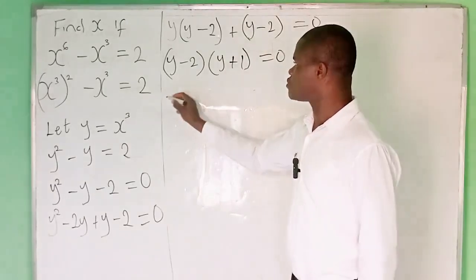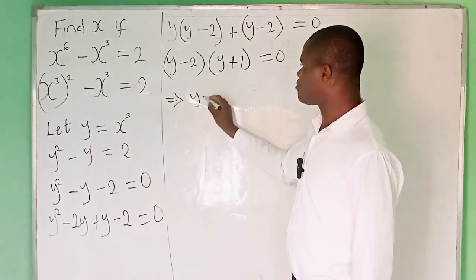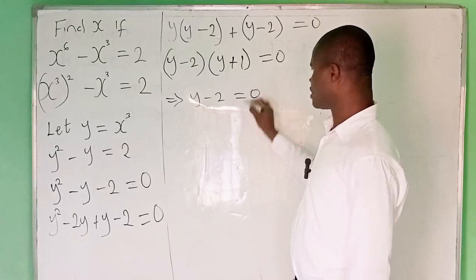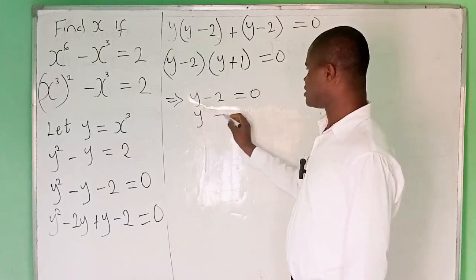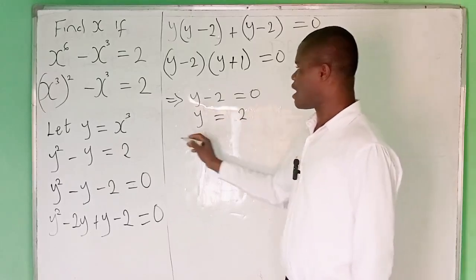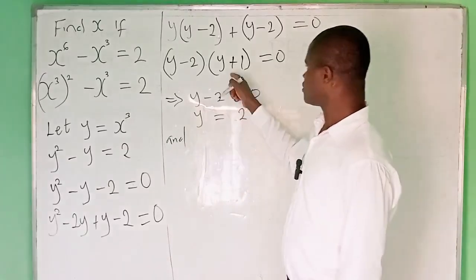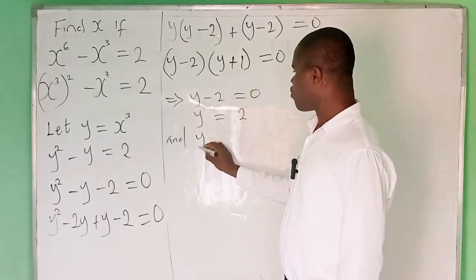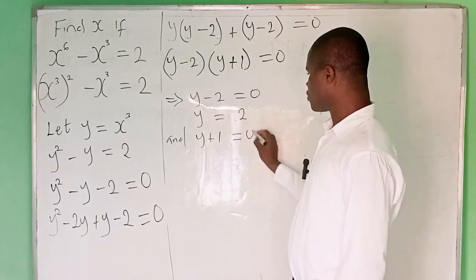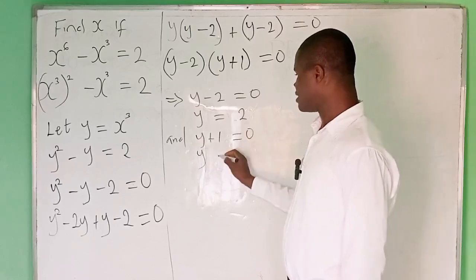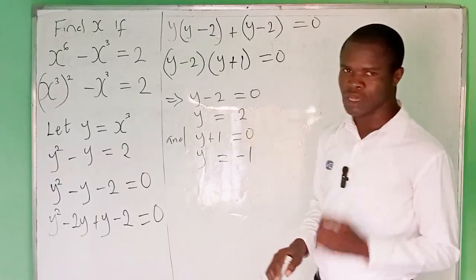So finishing up, this implies that y minus 2 is equal to 0, so y is equal to 2. And this other bracket, y plus 1 equal to 0, implies that y is equal to minus 1.